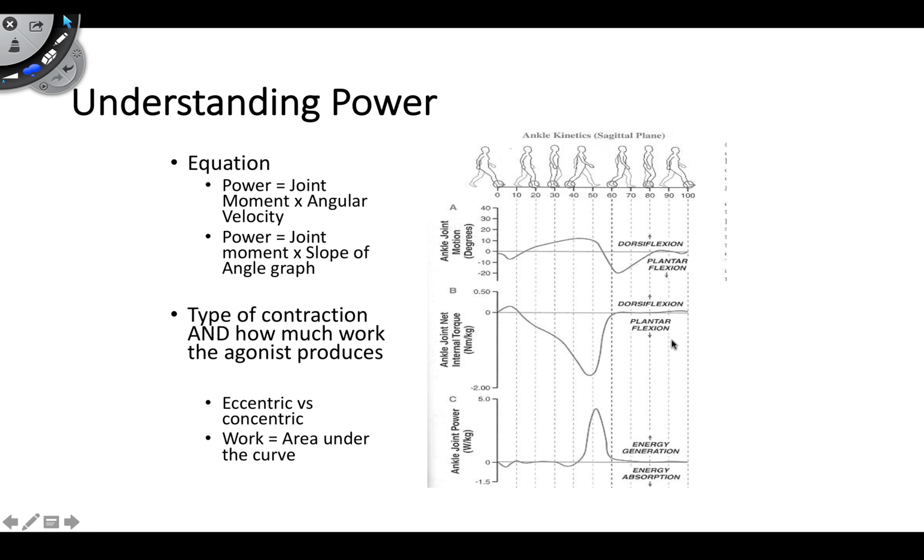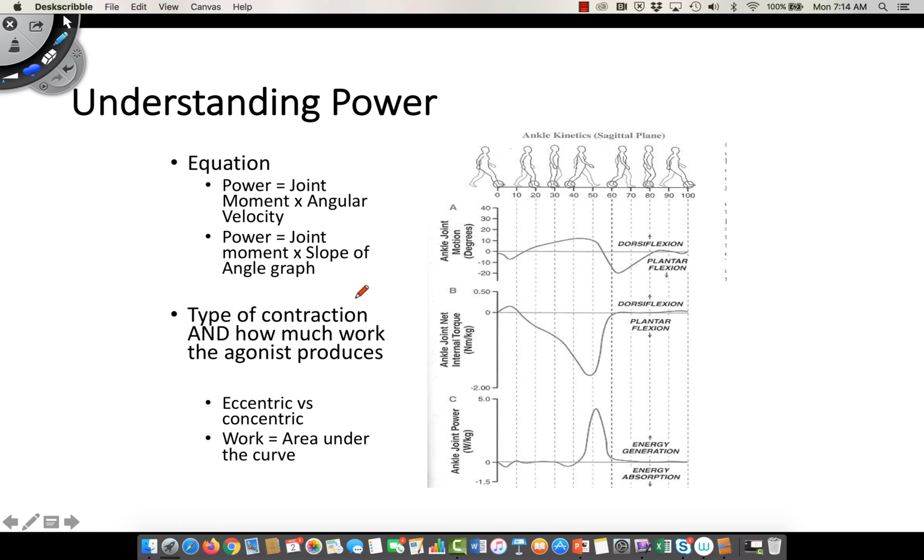So let's now introduce a new variable called joint power. Joint power here is the joint moment, so this graph, times angular velocity. That's the derivative of this graph. You can also think of this as the slope of this angular graph here.